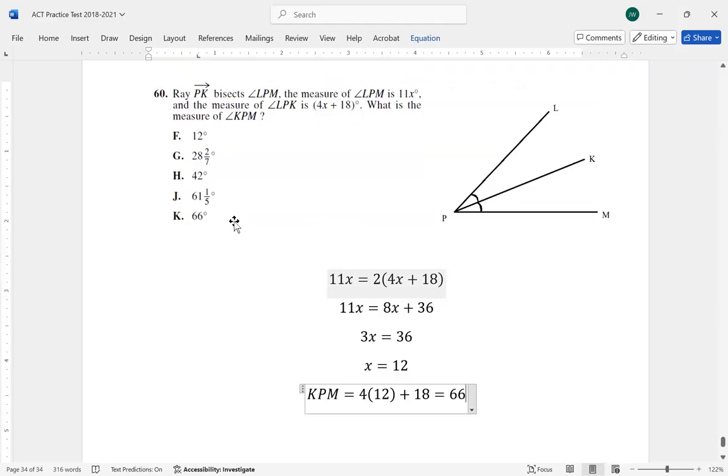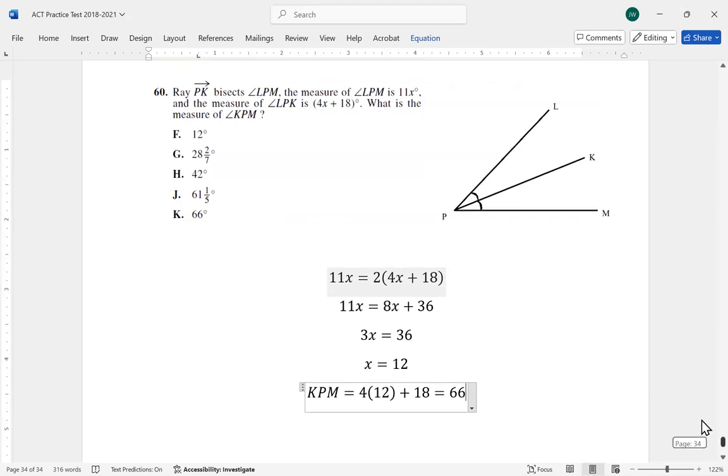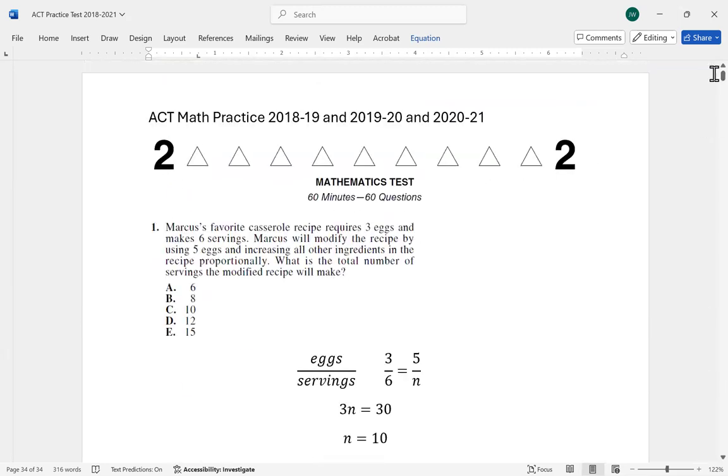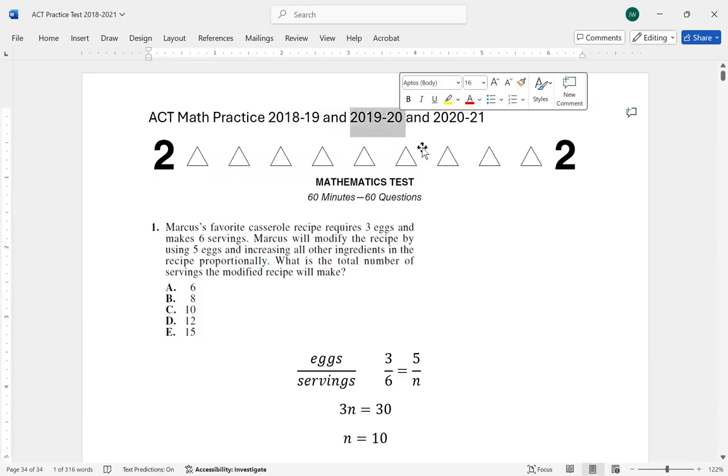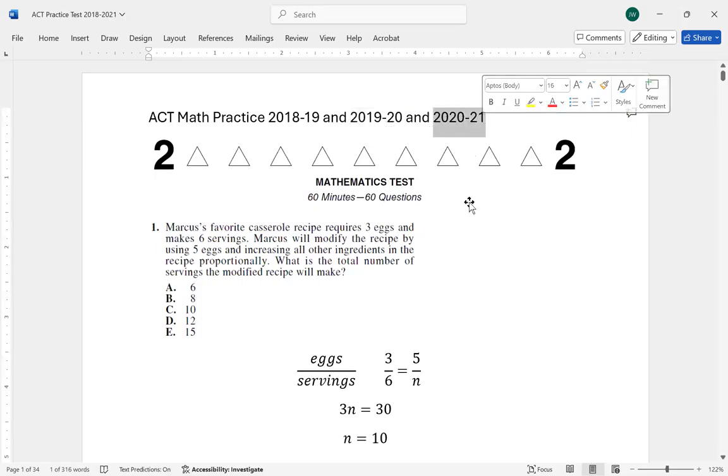So that's all 60 questions from the ACT practice test. These questions were the same questions on the 2018-2019 ACT practice test, the 2019-2020 ACT practice test, and the 2020-21 ACT practice test.